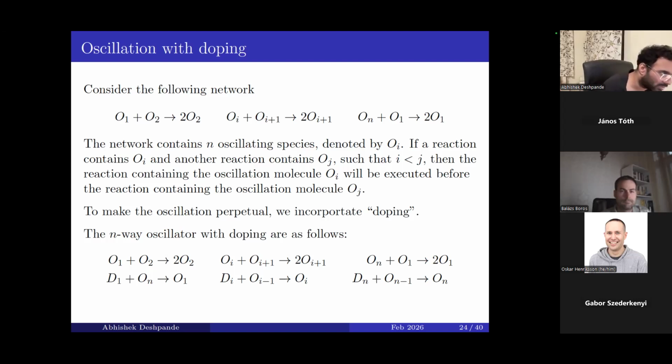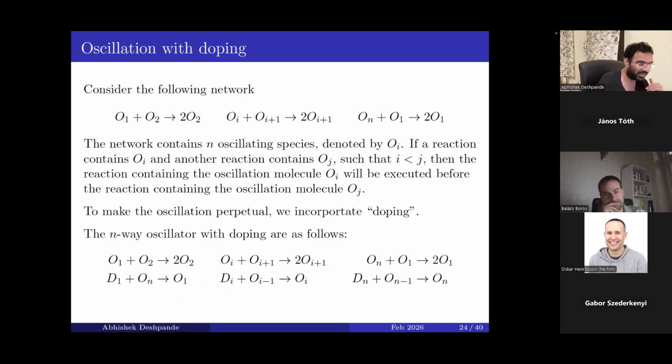To make the oscillation molecule perpetual, we incorporate a trick called doping. We introduce a new variable D, these reactions that you see down here, which interact with this n-way oscillation molecule. And the addition of this extra molecule D ensures that these oscillations never die out. So you get perpetual oscillations that always remain for all periods of time.